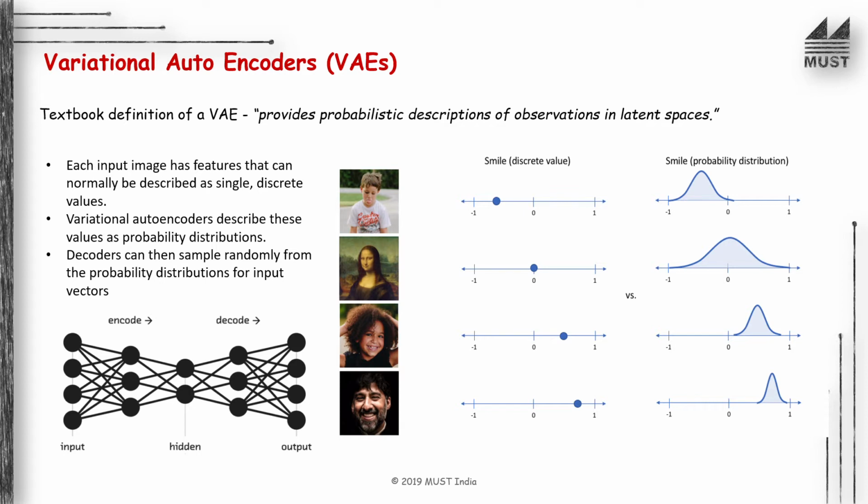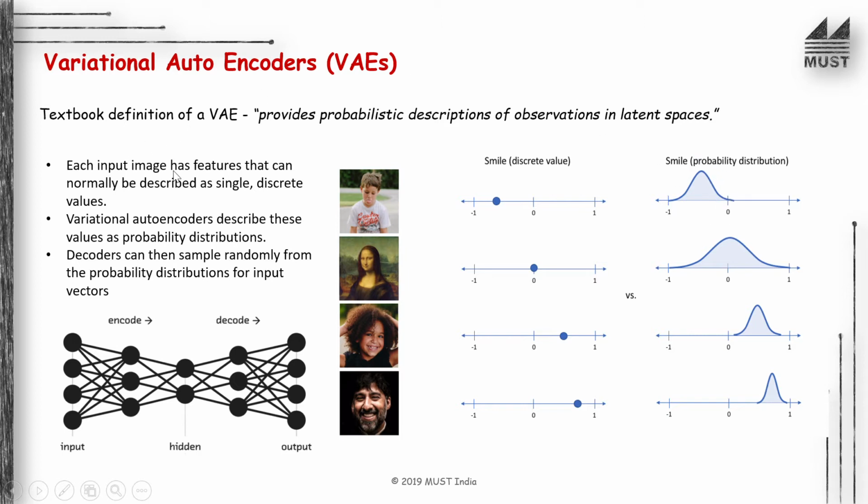Just to simplify it, from this image, if you want to find out whether the person is smiling or not, your discrete feature or value is the smile, and you try to find a probability distribution of the extent to which the person is smiling. This is how you do a typical probability distribution.